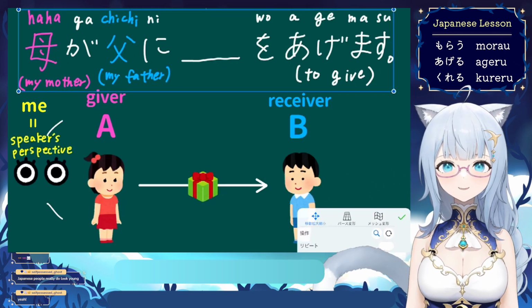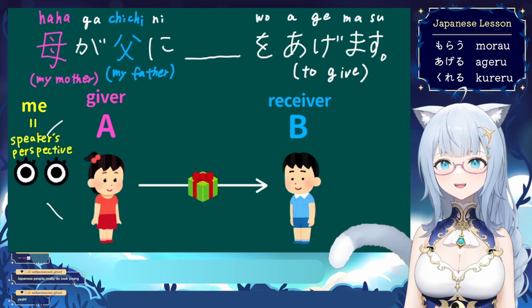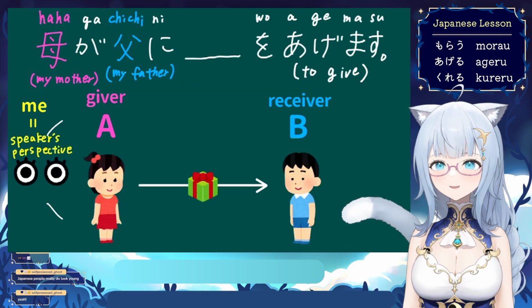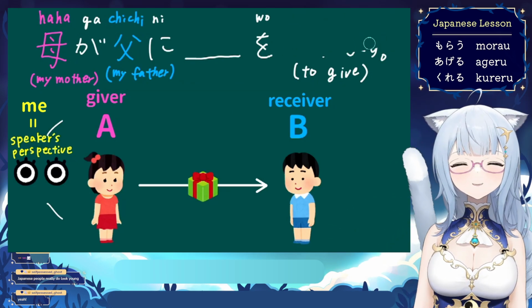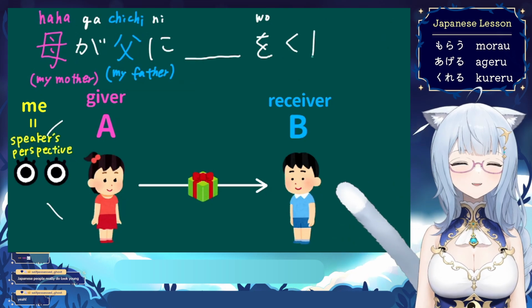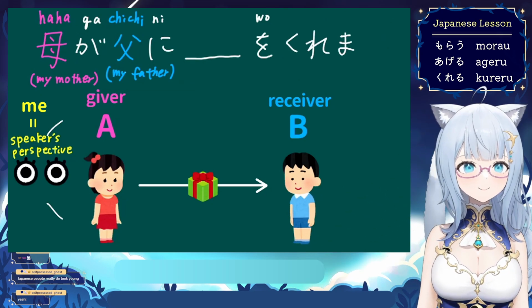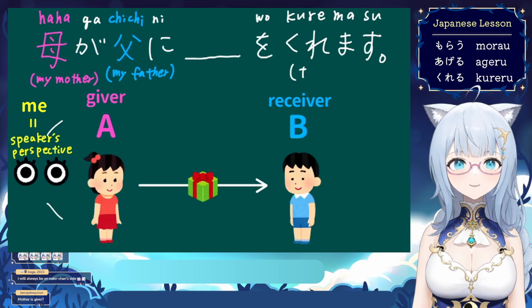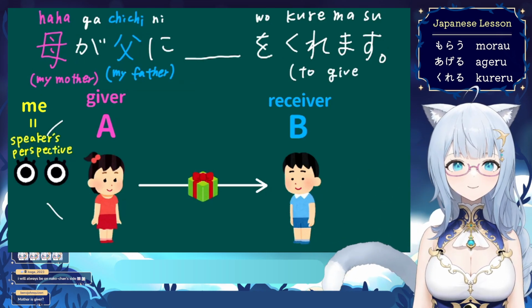And if I say 母が父に何々をくれます, it will change to くれます。くれます is also to give.